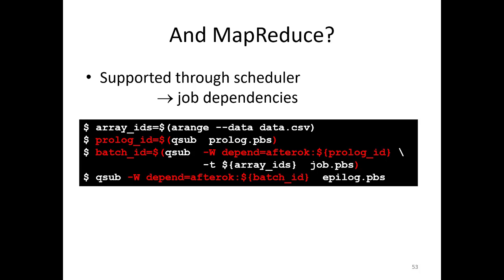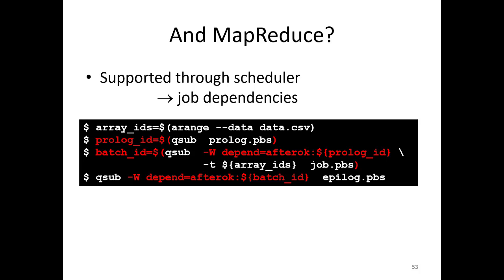And so basically the dependency is an afterok. So if the prologue job starts and completes successfully, then the batch job can actually start. And you again record the batch job ID into the batch ID environment variable, and you use that to do a qsub for the epilogue, which again has a dependency, in this case on the batch job, and again it's afterok.